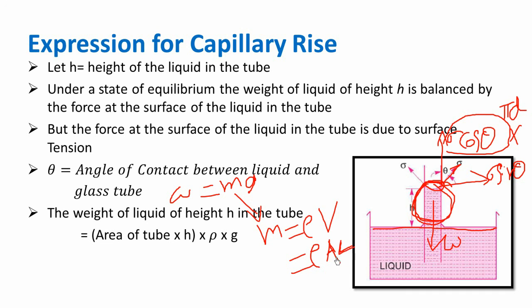Here the area is the area of the tube, and h is the height of the liquid column rise. So the expression is area of the tube into height h into rho into g. Substituting the area of the tube, pi by 4 d square, we get pi by 4 d square into h into rho g. This is the weight acting in the downward direction.